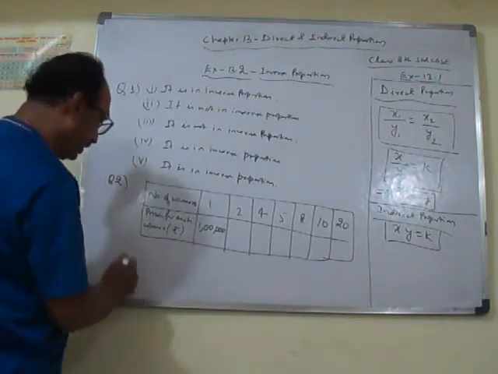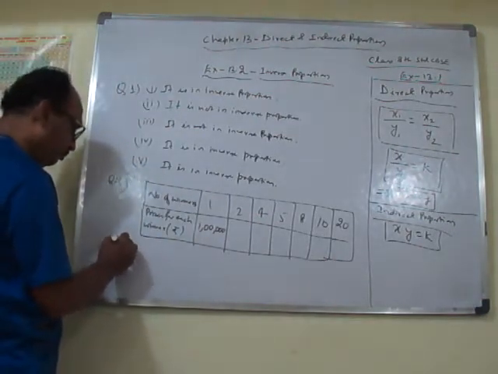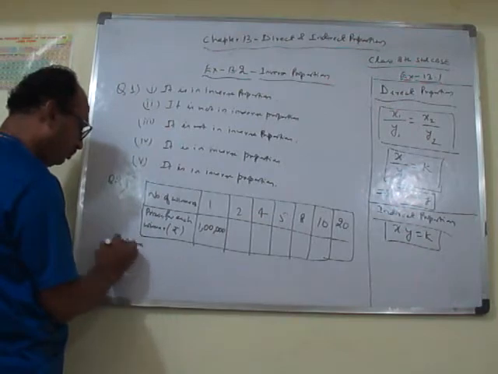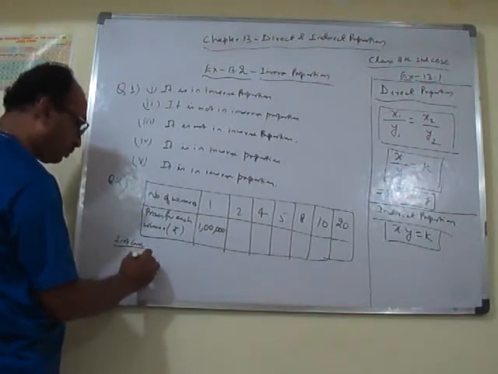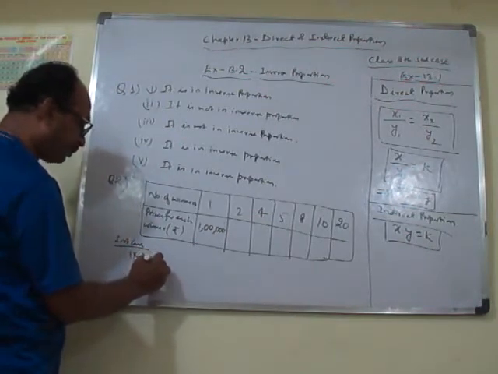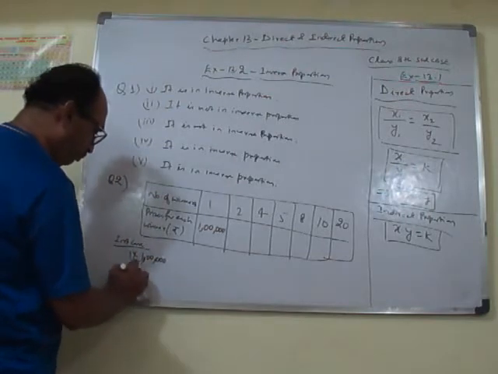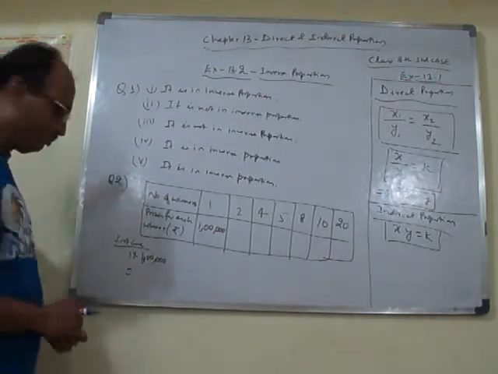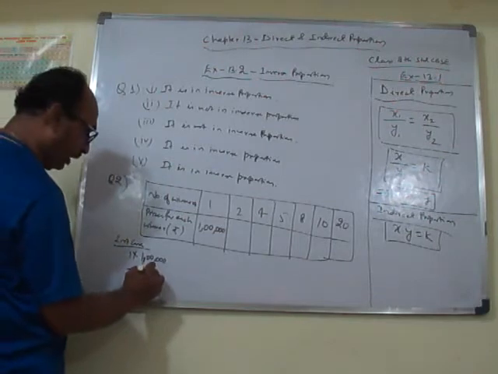So in the first case, 1 into 1 lakh, you got 1 lakh.